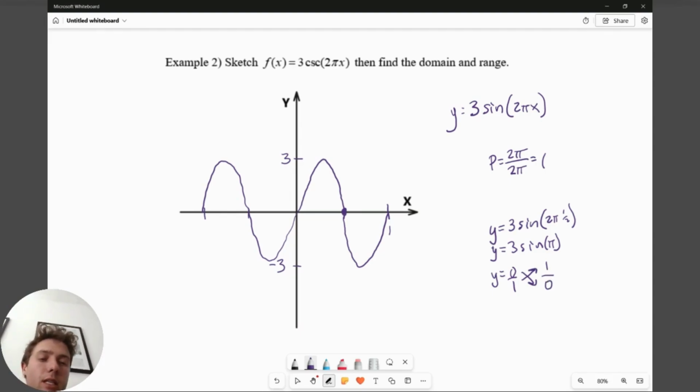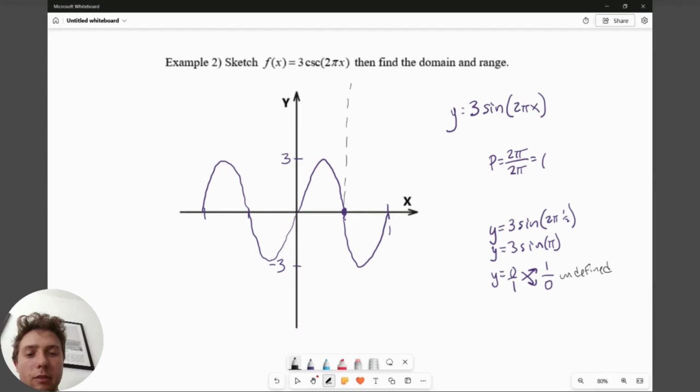And what this tells us is anytime there's an x-intercept for sine or cosine, what's going to happen is when you take the reciprocal, you're going to get an undefined value. Well, where the function is undefined, that actually is where the asymptotes will occur.